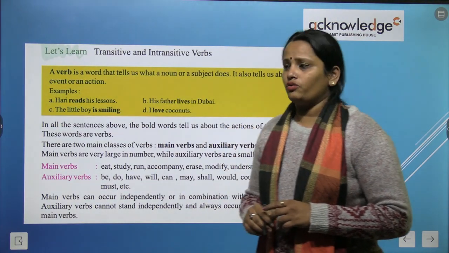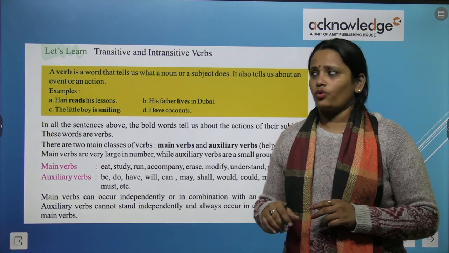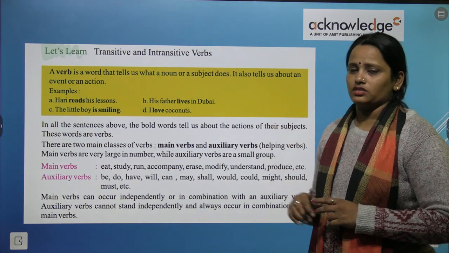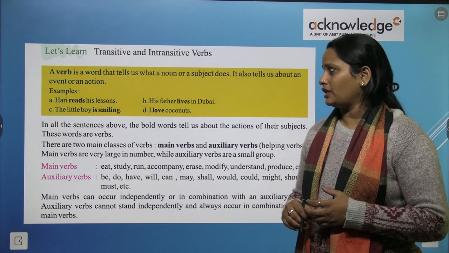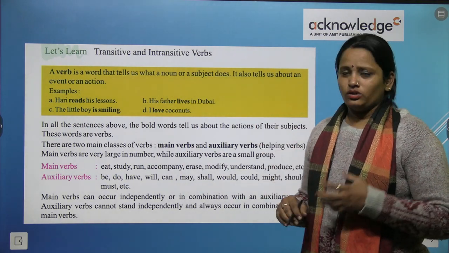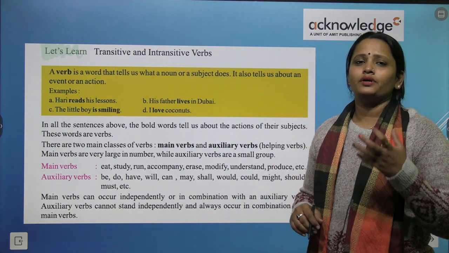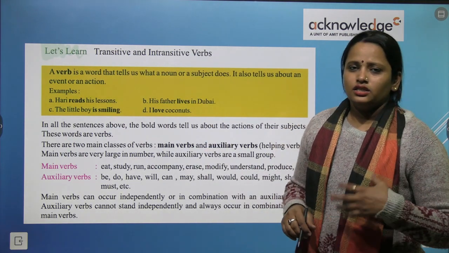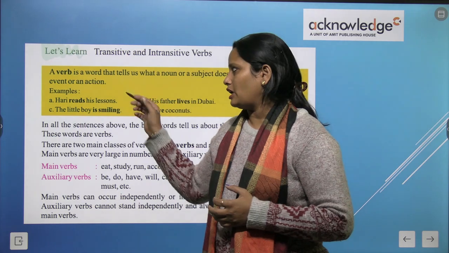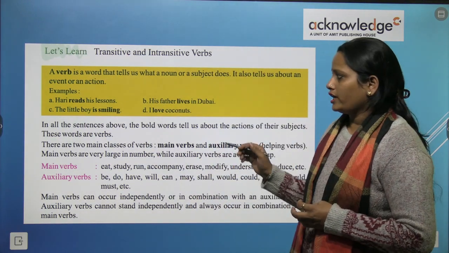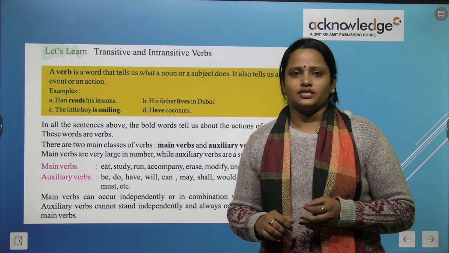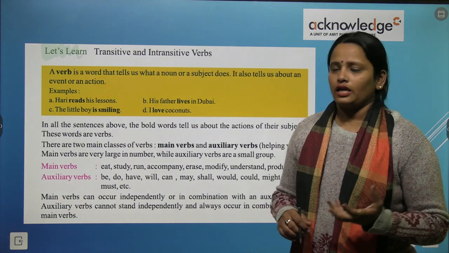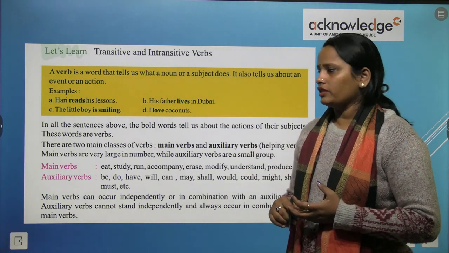A verb is a word that tells us what a noun or a subject does. So verb क्या करता है, हमें बताता है कि noun या फिर subject क्या काम कर रहा है. It also tells us about an event or an action. For example, Hari reads his lesson. His father lives in Dubai.